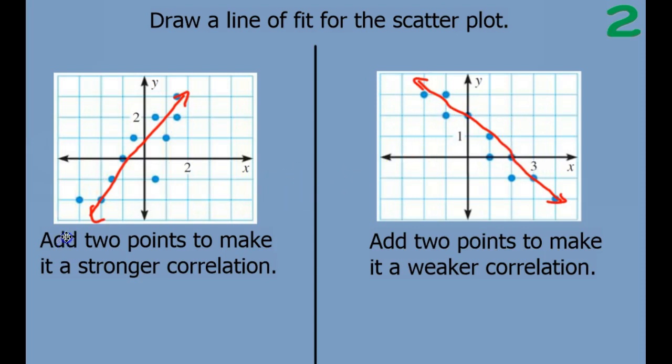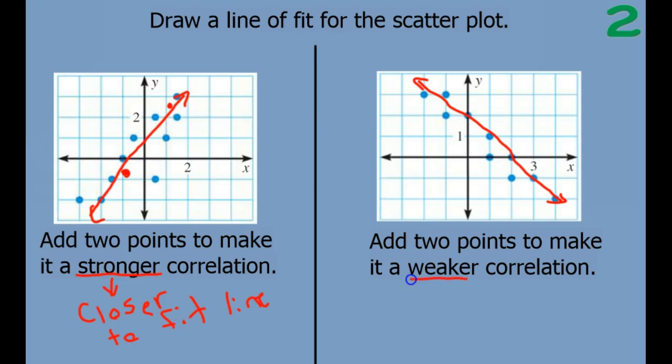This one says add 2 points to make it a stronger correlation. What stronger means is closer to the line. So closer to our fit line. So we could draw maybe a point there or a point there, just as long as they're pretty close to our line.